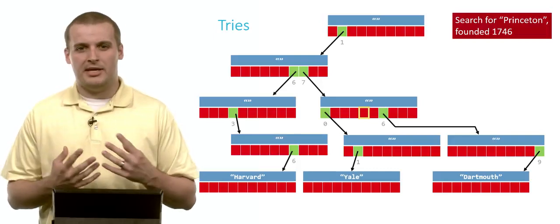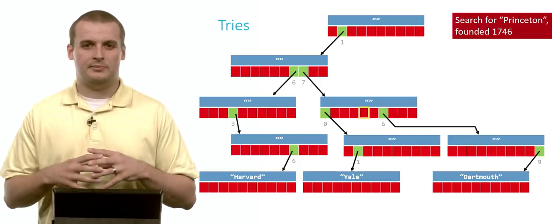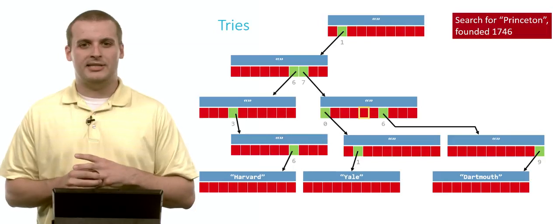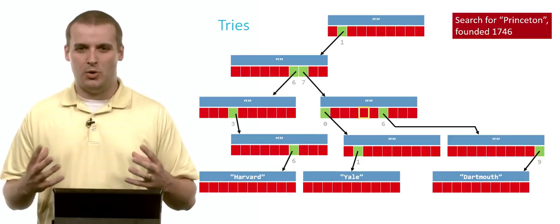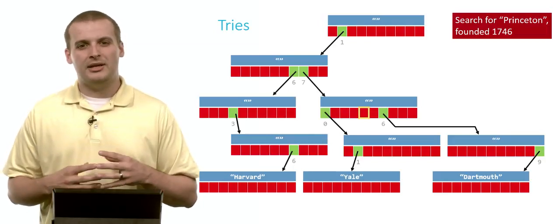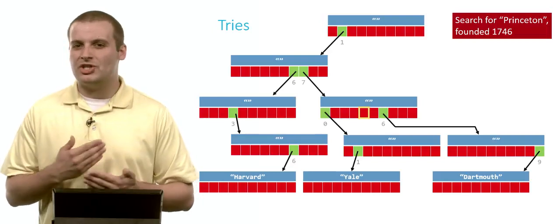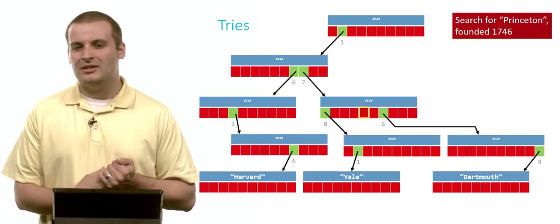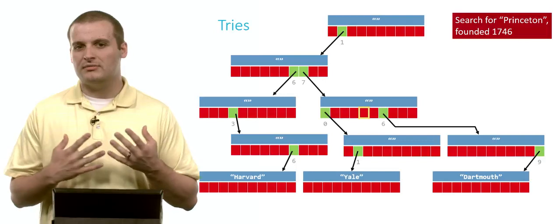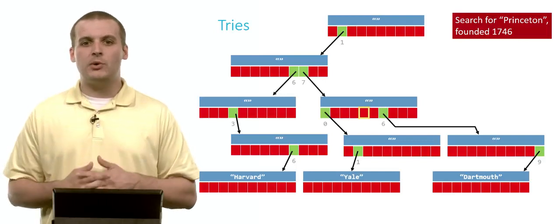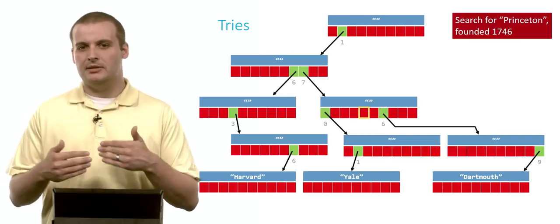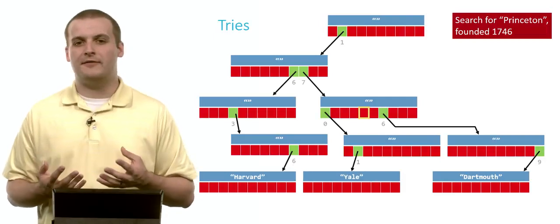So what does this all mean, right? There's a lot going on here. There are pointers all over the place, and as you can see just from the diagram, there are a lot of nodes kind of flying around. But notice, every time we wanted to check whether something was in the trie, we only had to make 4 moves. Every time we want to insert something into the trie, we have to make 4 moves, possibly mallocing some stuff along the way.